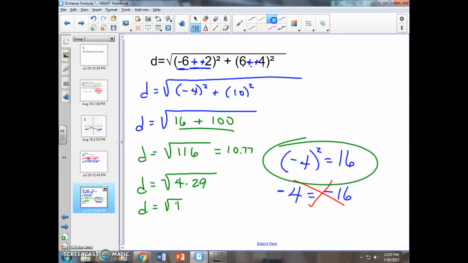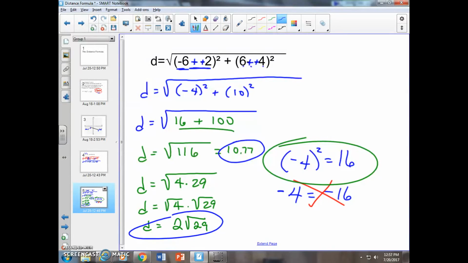Now we'll separate those factors with the square root symbol. Square root of 4 is 2. You can't find the square root of 29, and that would be how I would prefer to see my answer. Now again, that's correct. Well, for that matter, that's correct. They're all three the same number, but I just like to have mine as a simplified radical.